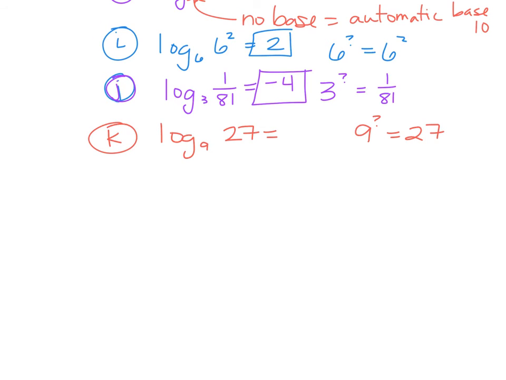Here's what you need to see on these. If you don't see it right away, like, okay, wait, 9 to the 2nd power is 81, we're not there. You need to look for perfect squares or perfect cubes in the number that you're working with, in your base, okay? So if you look here, that's a perfect square, right?